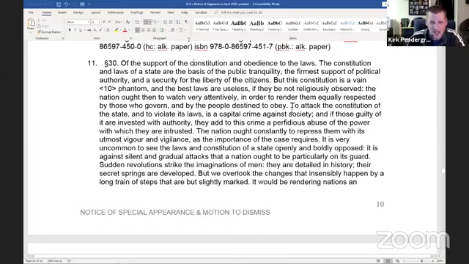Okay. Let's see. To attack the Constitution of the state and to violate its laws, the Bill of Rights, is a capital crime against society. Now, pay attention here.